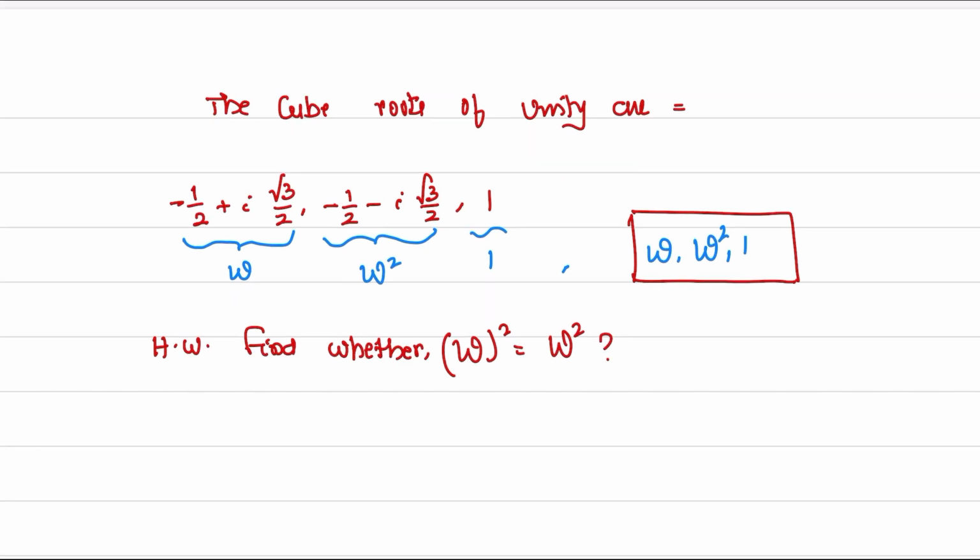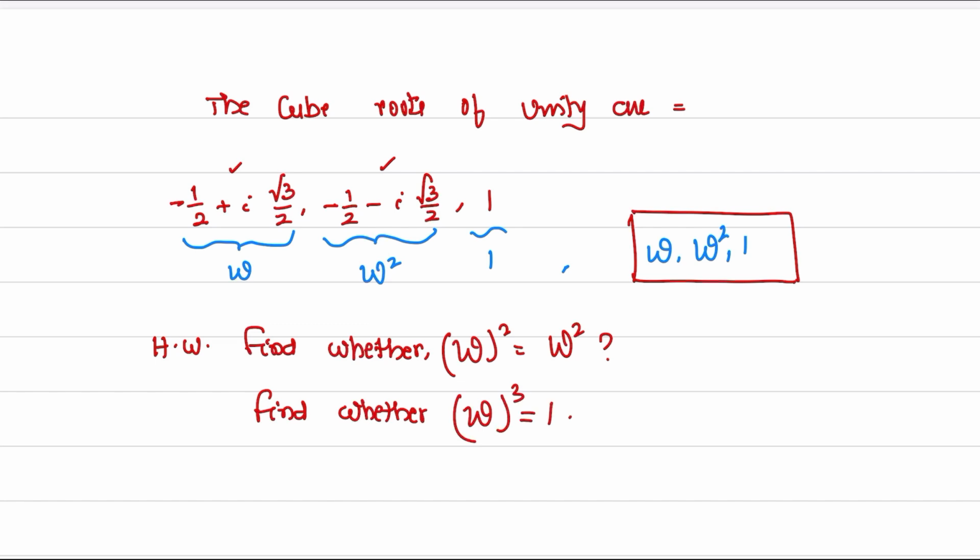Because omega square I have given this value, omega is this value, you square this and find out whether omega whole square is equal to omega square or not. Then try to find out whether omega cube is equal to 1 or not.